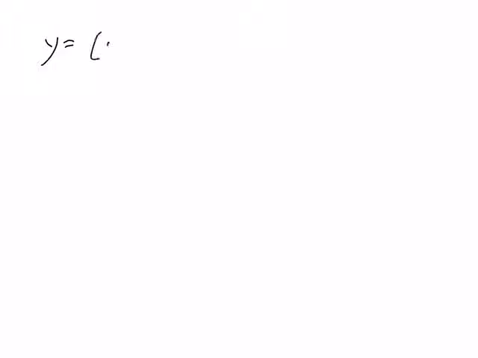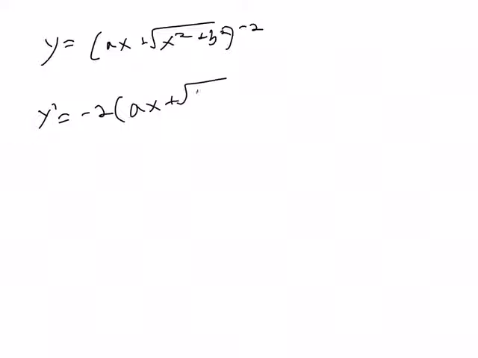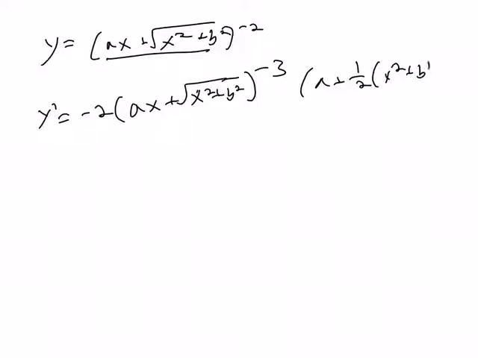y is equal to a x plus the square root of x squared plus b squared to the negative 2. So y prime is equal, the negative 2 drops down and we keep everything else. And this is going to be a negative 3, and now we take the derivative of everything inside, which is going to give us a plus a half x squared plus b squared to the negative a half.